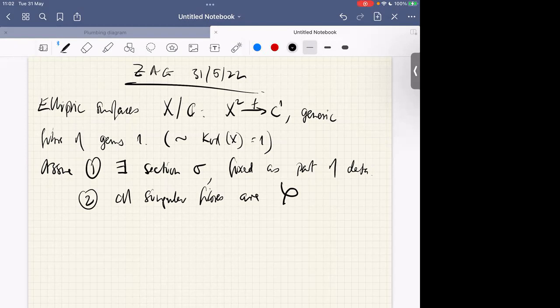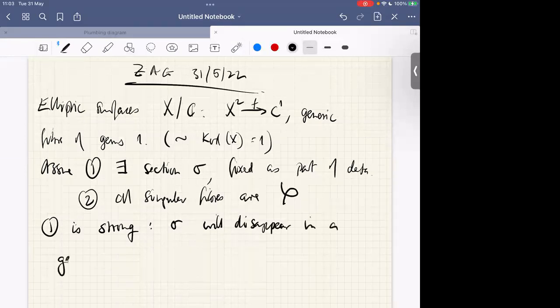So 1 is a strong assumption. The section will disappear under a general deformation. But 2 is generic. It's stable under deformations.